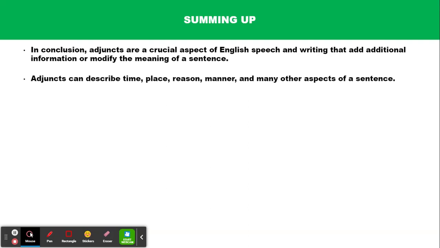Adjuncts can describe time, place, reason, manner, and many other aspects of a sentence. So if you're asking where, when, why, how, and so on and so forth, then you are looking for adjuncts to provide information to answer such questions.